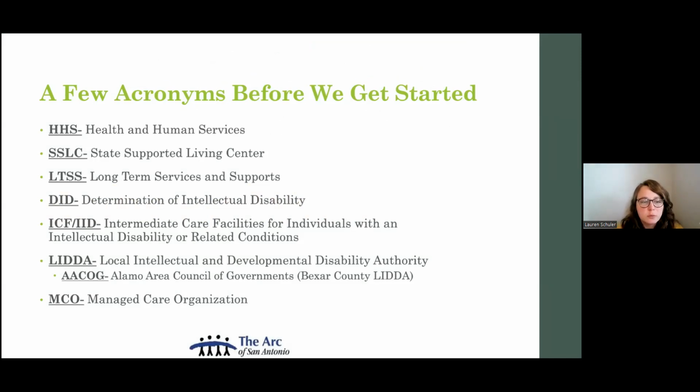A DID is a determination of intellectual disability, which you have to go through in order to place an individual on a waiting list for the Medicaid waivers. An ICF-IID is an intermediate care facility for individuals with intellectual disabilities or related conditions. You may be familiar with the term LIDA, a local intellectual and developmental disability authority. ACOG is the local authority for Bexar County, where I'm assuming most people on today's presentation reside. And an MCO is a managed care organization.